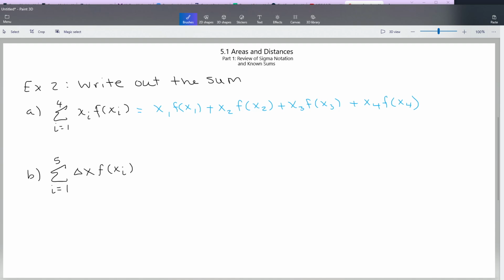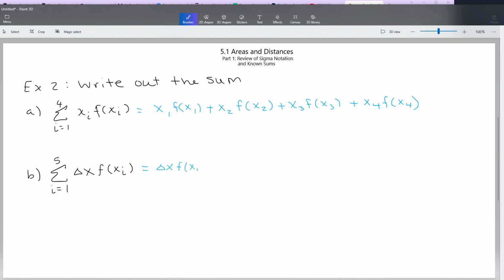Okay, now in this example, delta x doesn't have anything to do with the index, right? It's not like xi where the index changes as you go. Delta x is just whatever delta x is. So each term is going to have delta x, and then we will change the index.